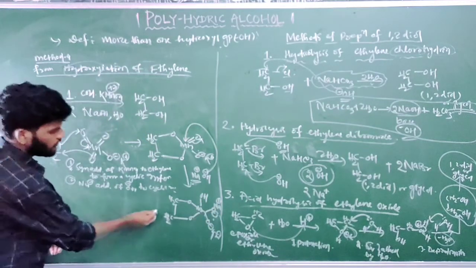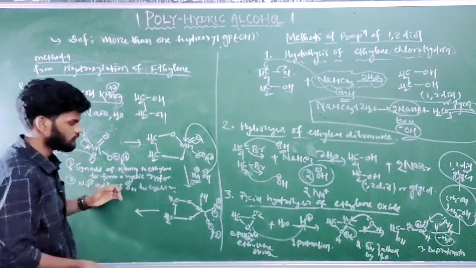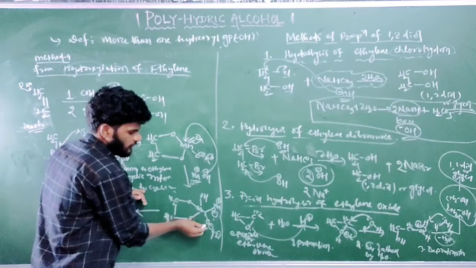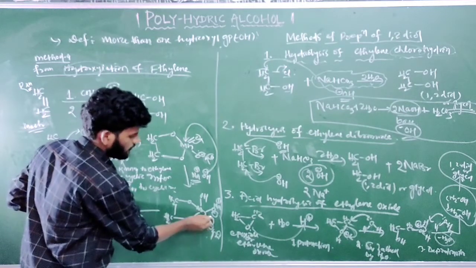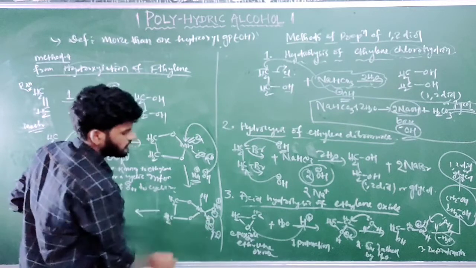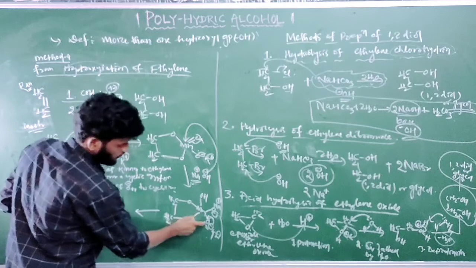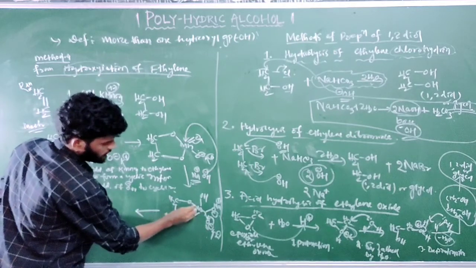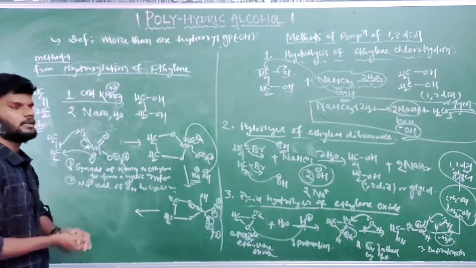In step 3 what will happen? Here you can see O- Na+. So O- will return back to form the manganese-oxygen double bond, and this bond moves over to oxygen, and a negative charge over an electronegative element is stable.